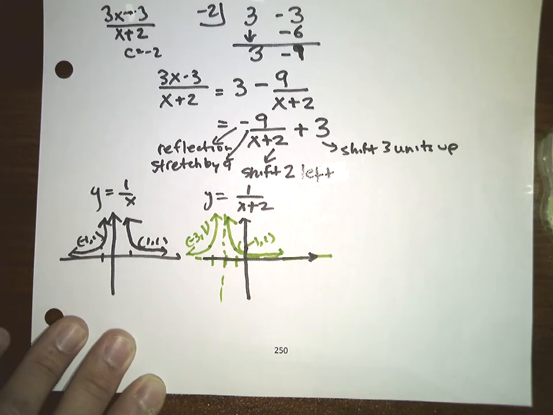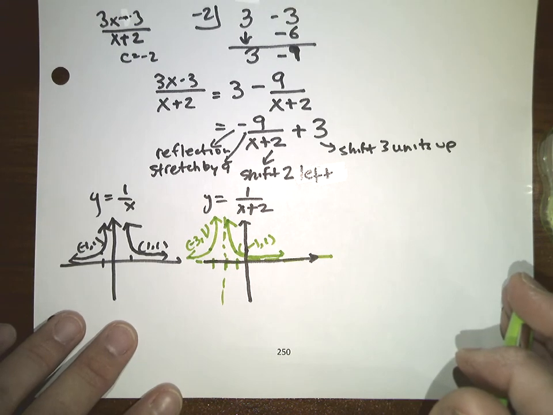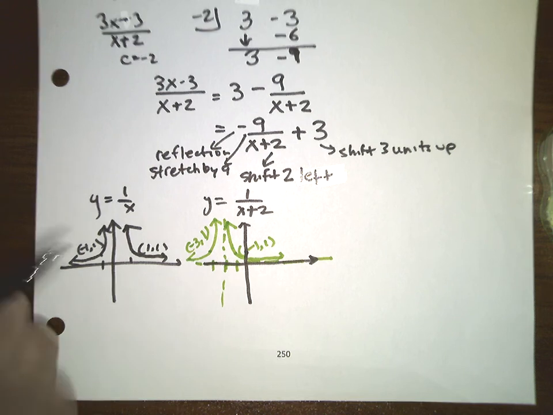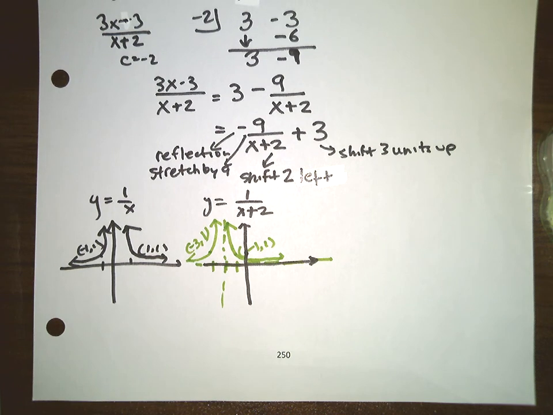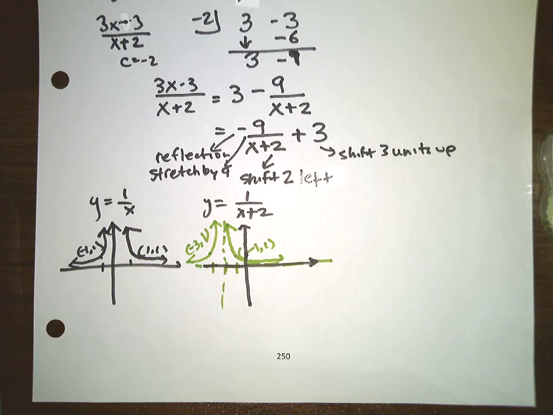All right, and now we'll do the reflection by a negative 9. What will this end up looking like when we do the reflection by negative 9? I was going to do this step by step in the calculator too, so that you don't think I'm scamming you.